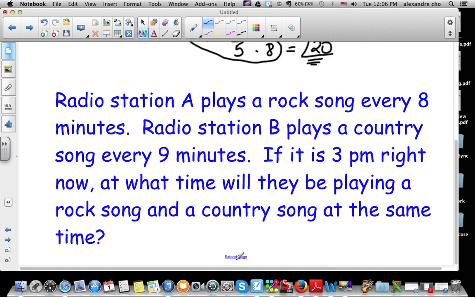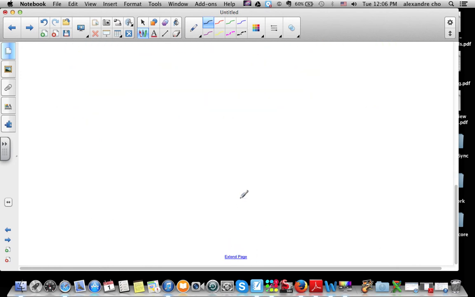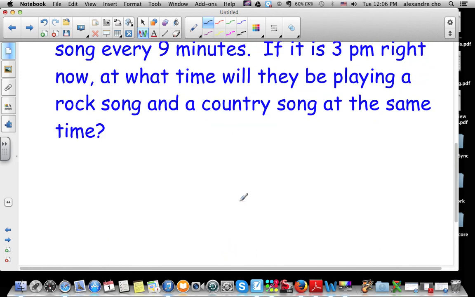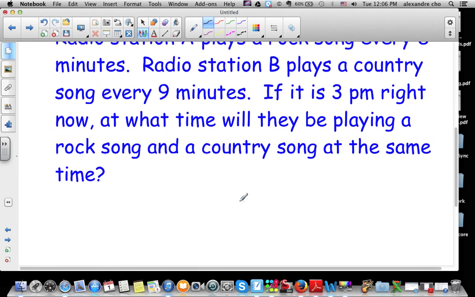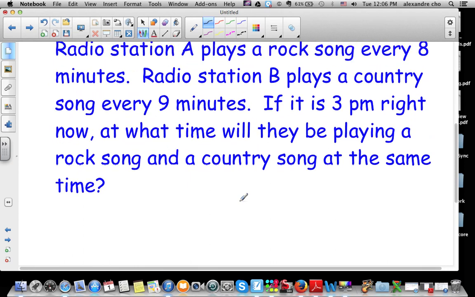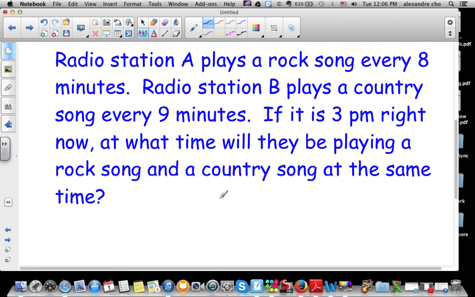All right, so how do I know this is an LCM question? Let's see. Radio station A plays a rock song every 8 minutes. Radio station B plays a country song every 9 minutes. If it is 3 p.m. right now, at what time will they be playing a rock song and a country song at the same time?